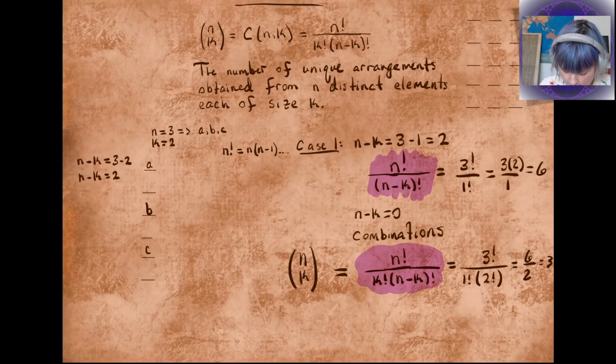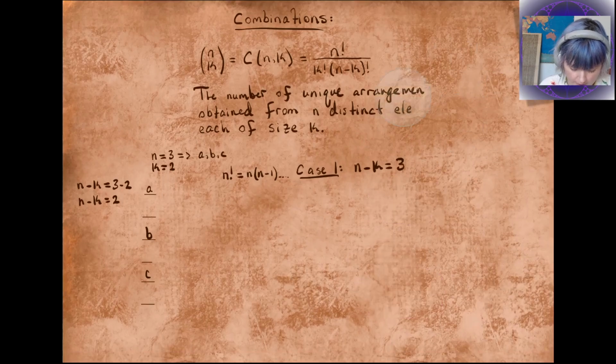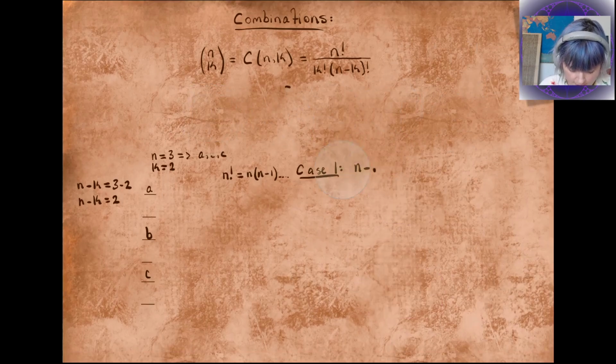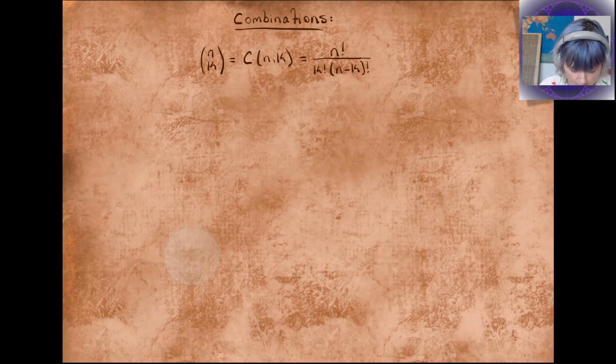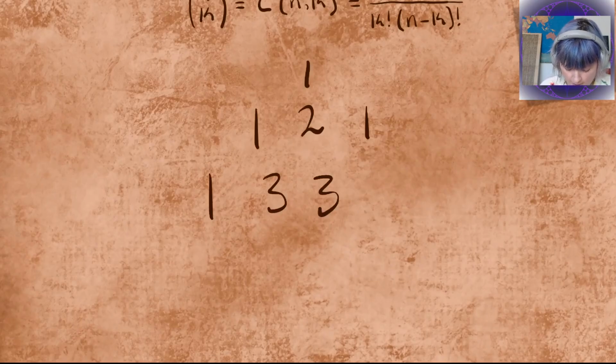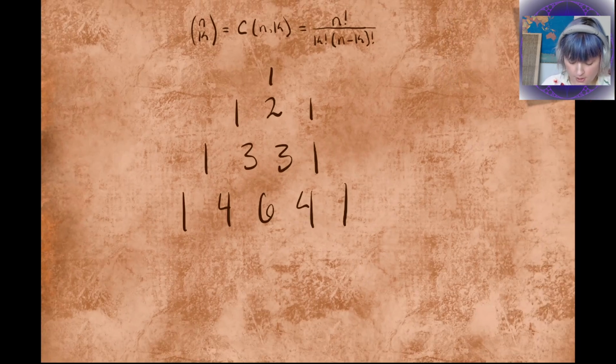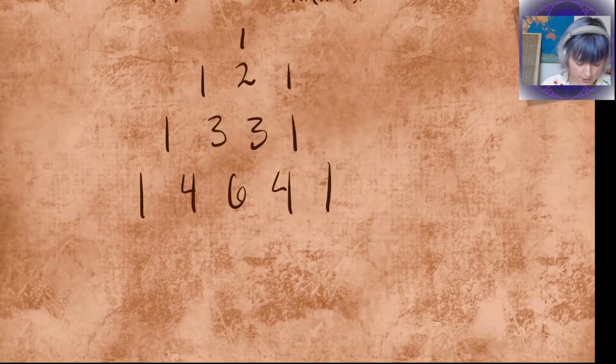Let's show the connection here real quick. I imagine quite a few of you already know about this, but in case you don't, you've all seen Pascal's triangle before. Pascal's triangle is literally built from this n choose k combination.